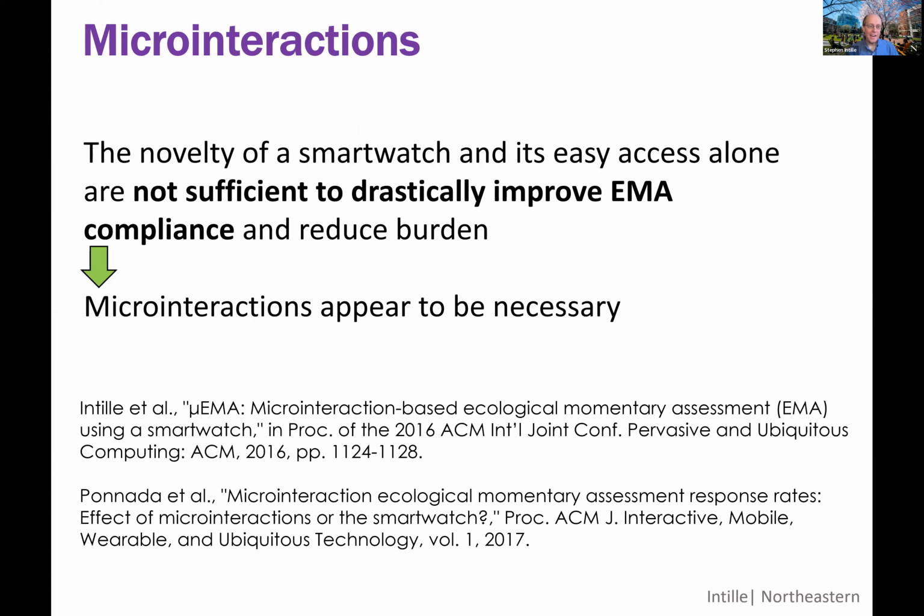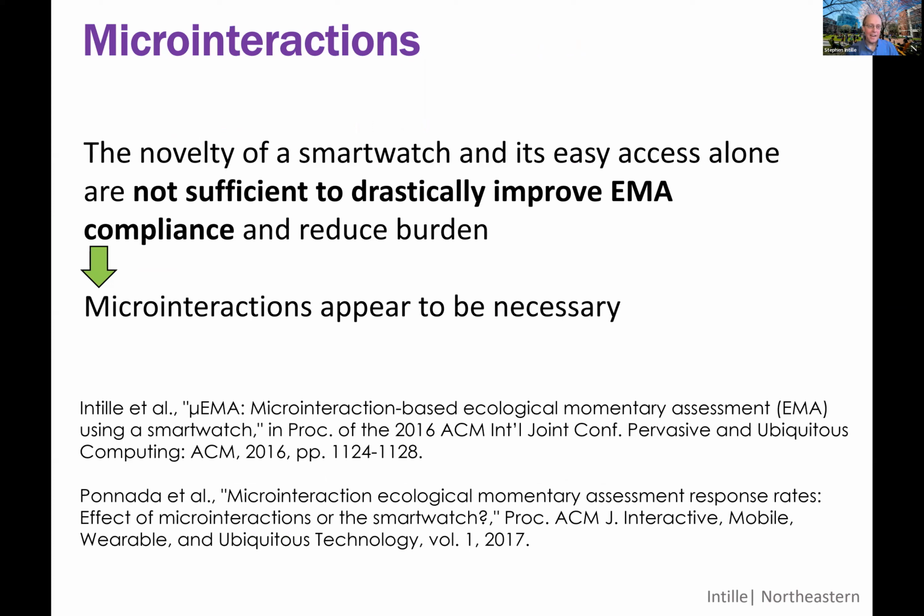They were compensated for the EMA surveys, but not for the watch surveys. So effectively, they weren't getting anything for doing it. It was just there as part of the study. What determined how much compensation they got was the EMA surveys. So this is showing that people could keep this up for quite a bit of time.